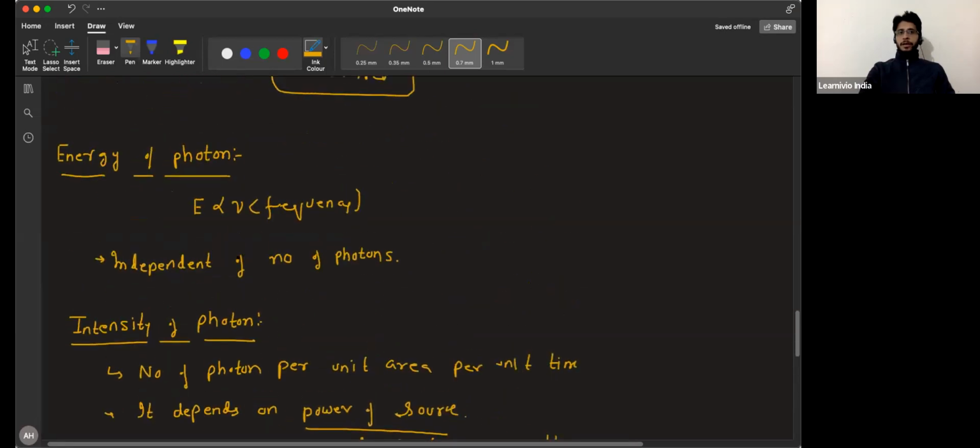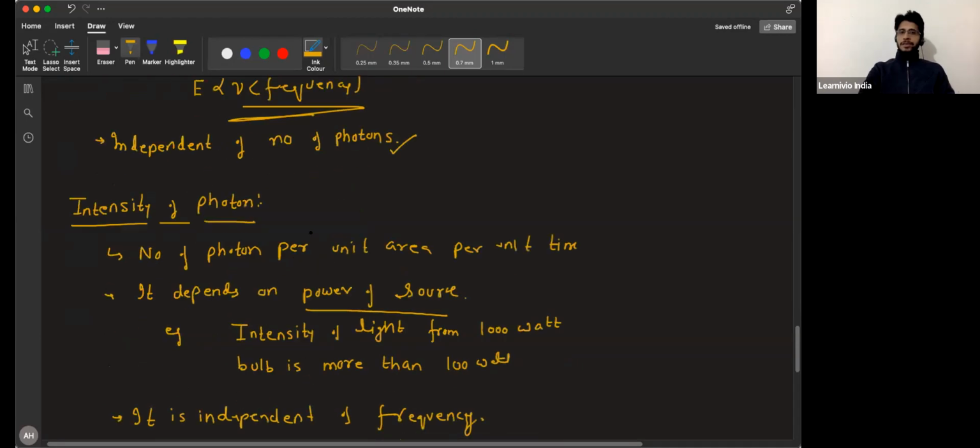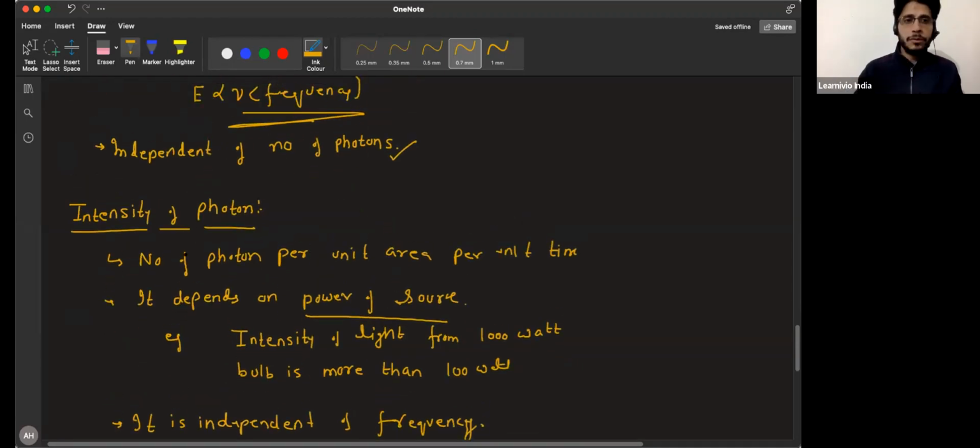See, energy is independent of number of photons. Energy depends only over frequency. If you're not changing frequency, then energy will not change. Energy is independent of power of bulb. So if you change power of bulb, then energy of photon will not change. This is the particle theory.